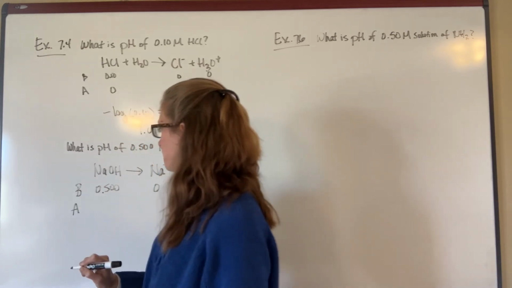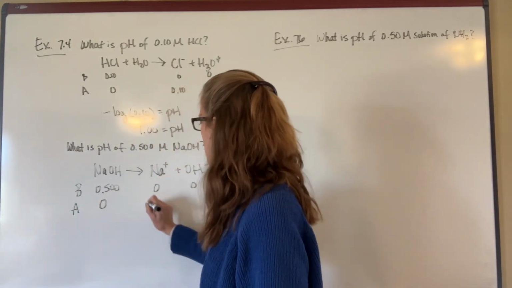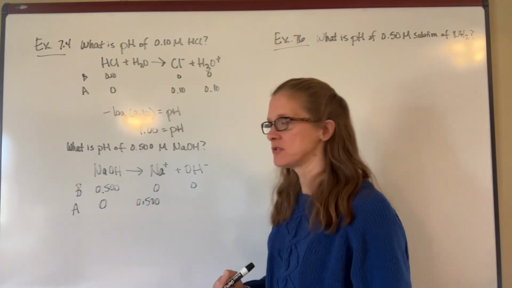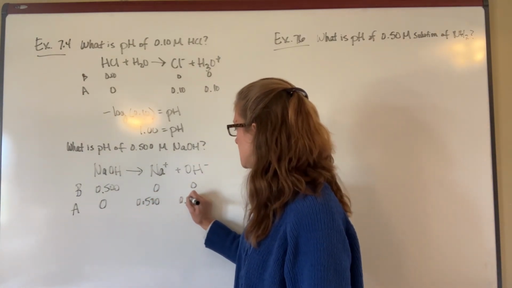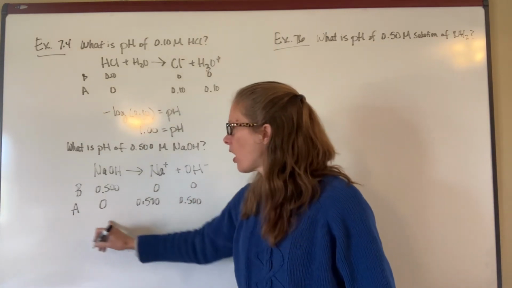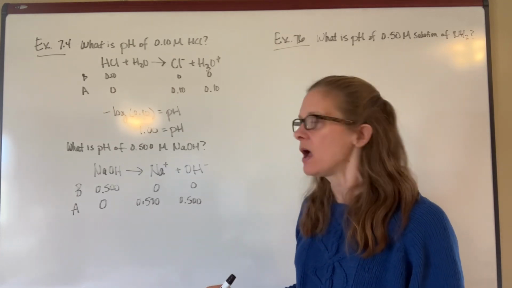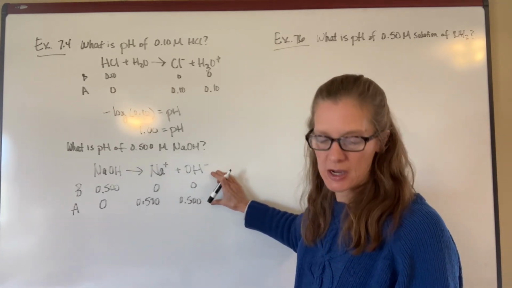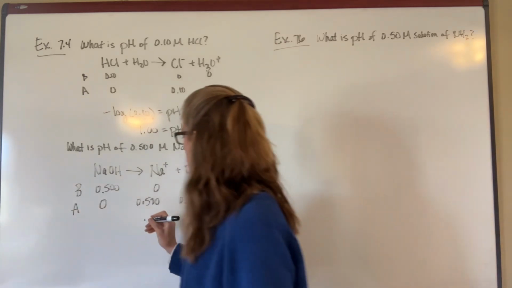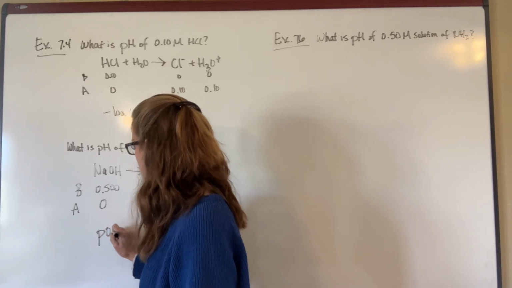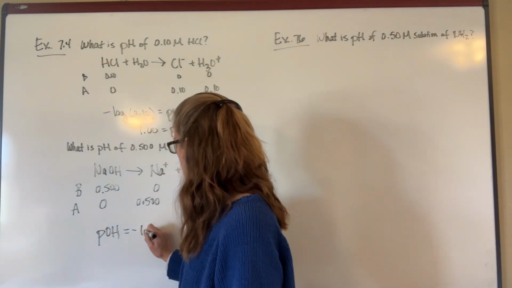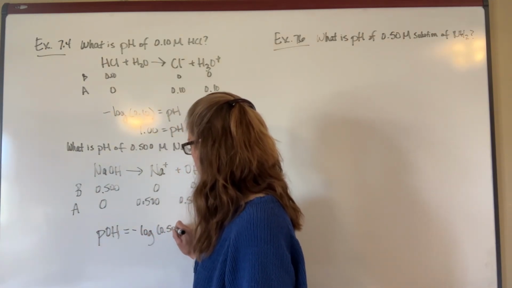After reaction, I have nothing left here, and I have 0.500 molar of sodium ions and 0.500 molar of hydroxide ions. So again, because it's all reacted, that actually makes this easy. This time though, I'm dealing with hydroxide ions, and so since I have hydroxide ions, what is going to be easy to find is the pOH, because that's going to be the negative log of 0.5.